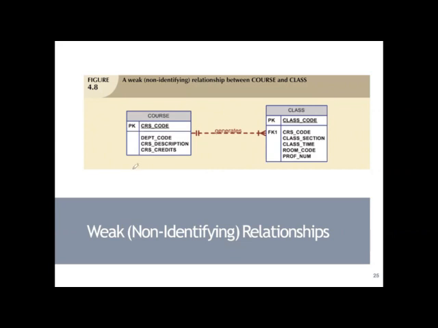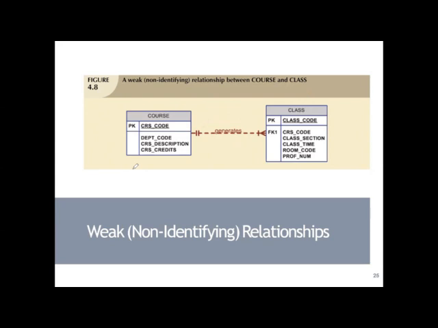In course, we have the primary key attribute CRS code, and other fields like department code, CRS description, CRS credit, and a relationship to entity class, one-to-many: course generates class.